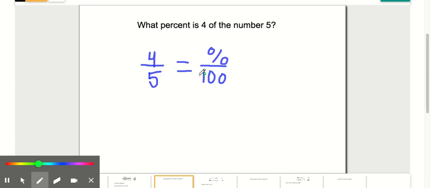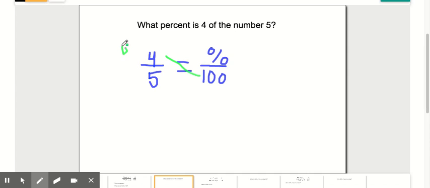Then I'm going to do my cross multiplying. 100 times 4 is going to give me 400. I'm going to drop down and divide 400 divided by 5.